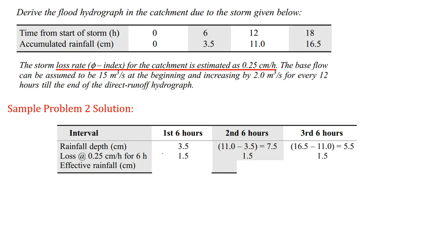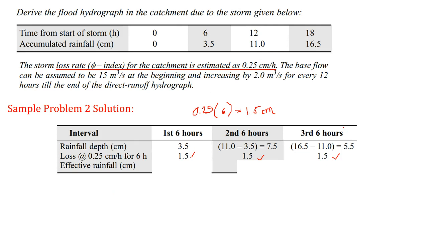So for every 6 hours, meron tayong loss na 1.5. Saan galing yan? 0.25. And then since yung interval natin is every 6 hours, that is equal to 1.5 cm na nawawalang depth every 6 hours. Tama? Kaya 1.5 yan. Okay, gets po ba?